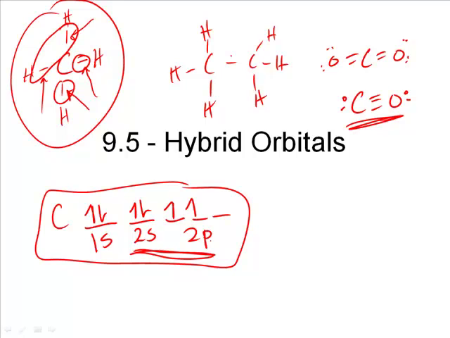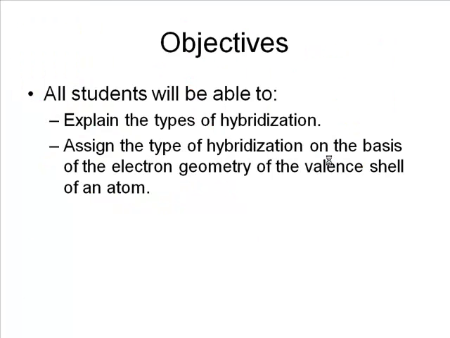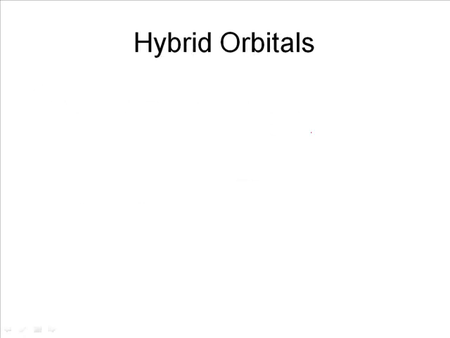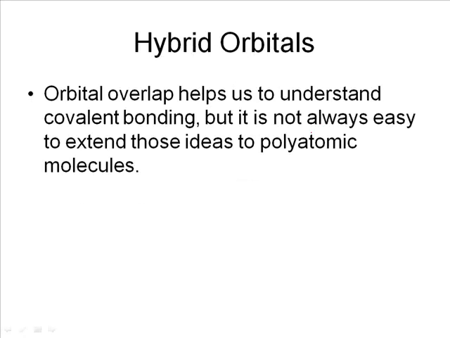Using what are called hybrid orbitals, we're going to be able to solve both of those problems. We're going to talk about hybridization and assign the types of hybridization based on the bonds that we see. We know that electrons overlap when they form covalent bonds, but it's not always easy to see.